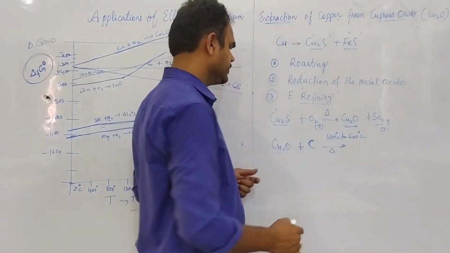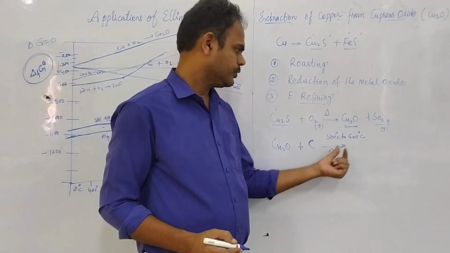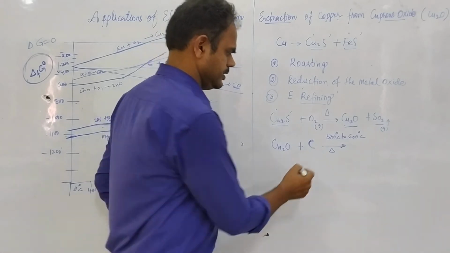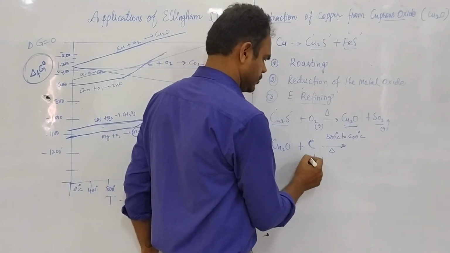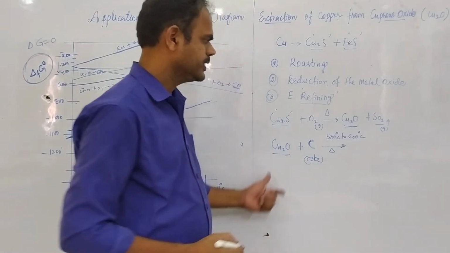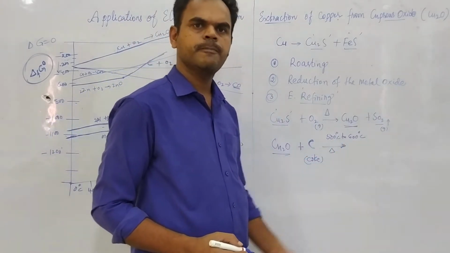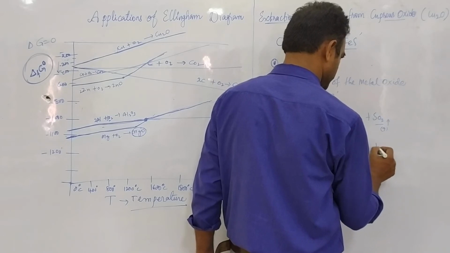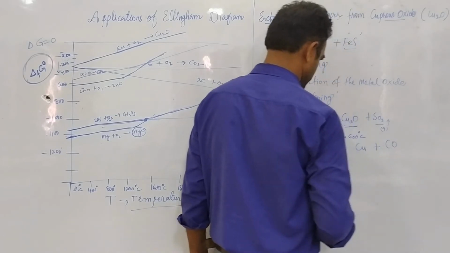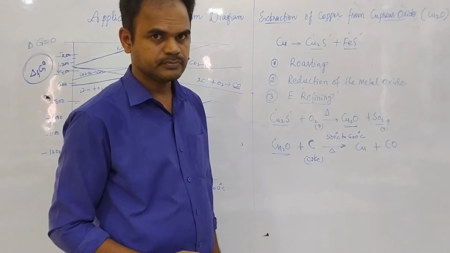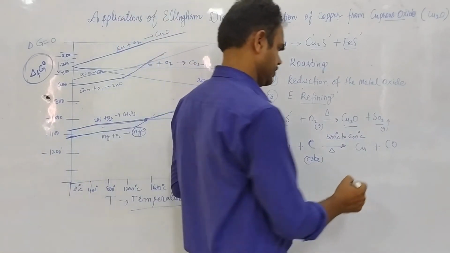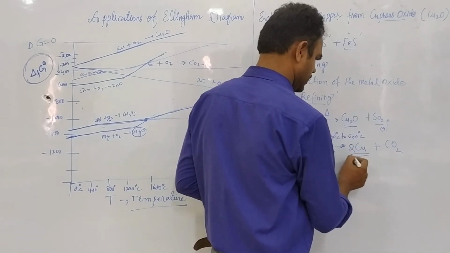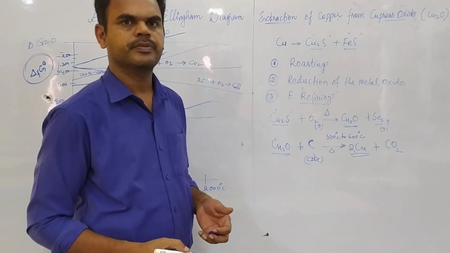Upon heating this cuprous oxide above this temperature in the presence of coke, copper is obtained, along with carbon monoxide or carbon dioxide.